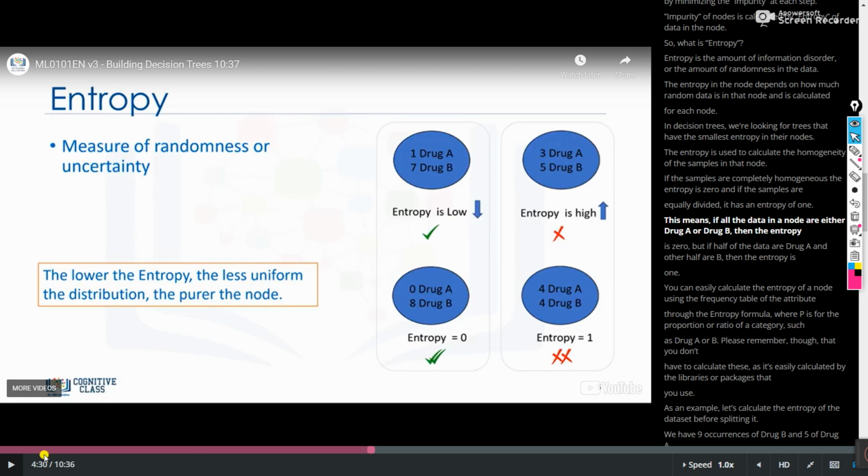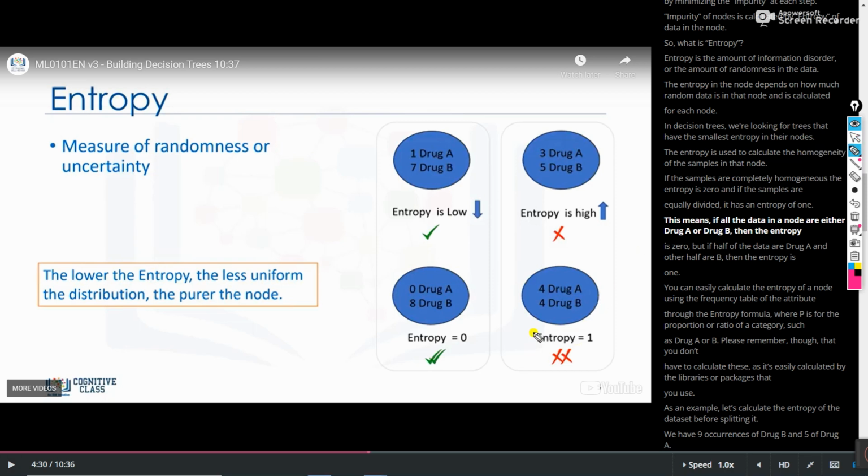So here I am having entropy equal to 1. Entropy is always between 0 and 1. So here I am at entropy 1, which is not acceptable at all, because this is leading me to more confusion, that either I should consume drug A or I should consume drug B.